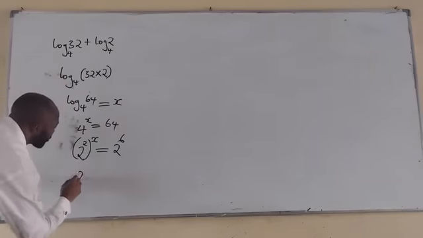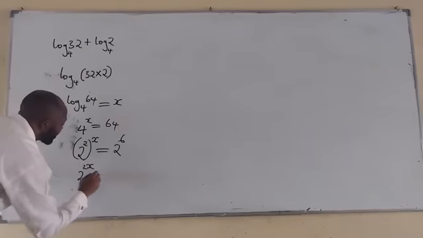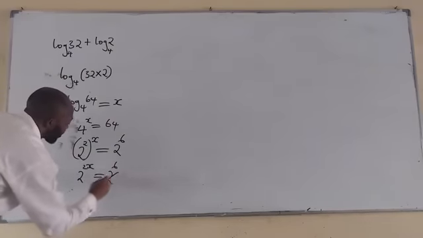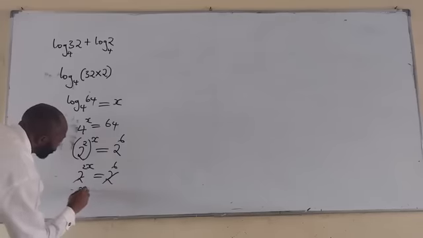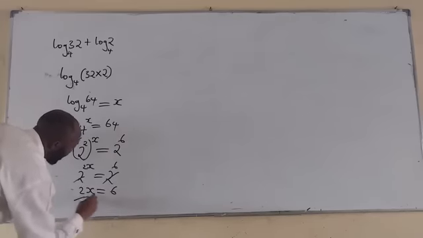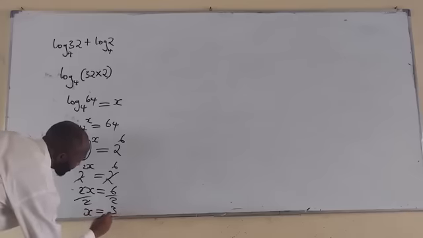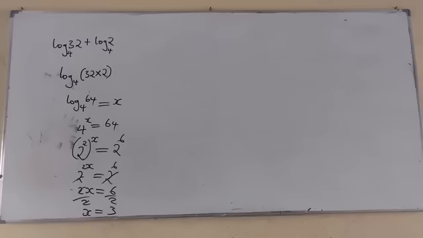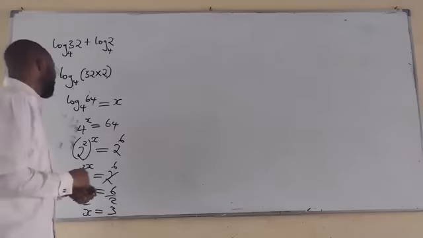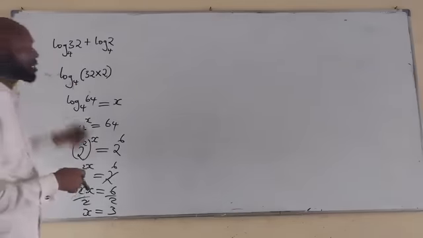So this is 2 raised to the power 2x is equal to 2 raised to the power 6. When I cancel, I have 2x is equal to 6, divided by 2. So my x is equal to 3. So 4 can be raised 3 times to give us 64.